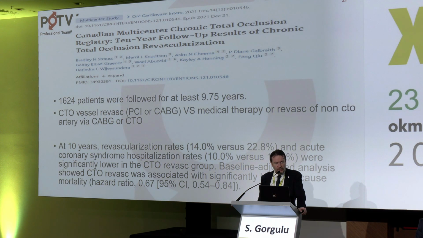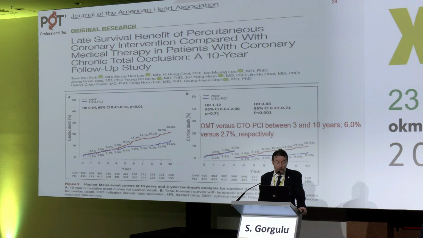So this is another registry here. In this registry, revascularization rates at 10 years, acute coronary syndrome hospitalization rates, and all-cause mortality rates were better, and statistically significantly better than optimal medical therapy. This is another evidence, if you will take it.